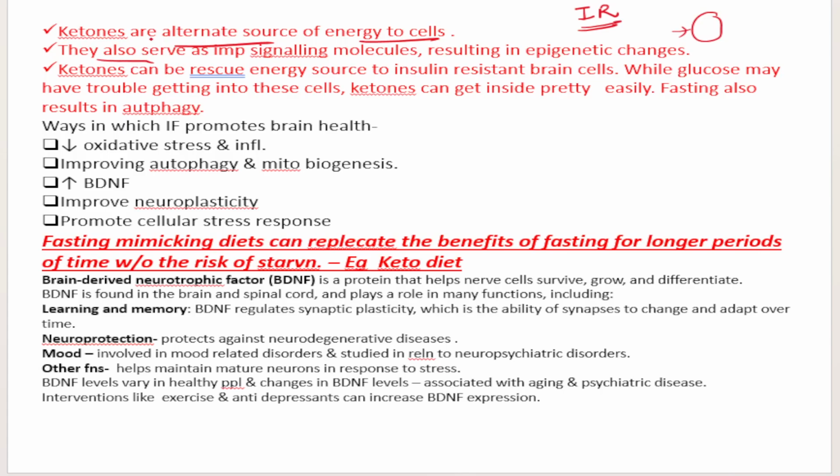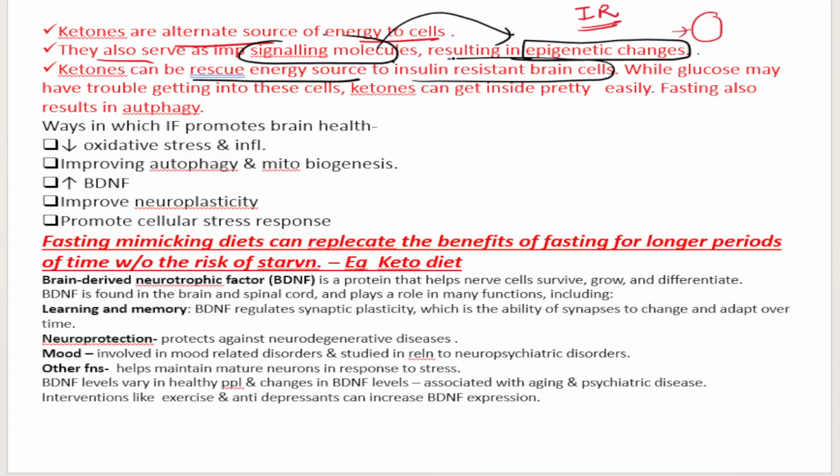These ketones serve as important signaling molecules resulting in epigenetic changes, that is, changes in gene expression, turning genes on or off. Ketones can be a rescue energy source to insulin resistant brain cells. While glucose may have trouble getting into these cells, ketones can get inside easily.